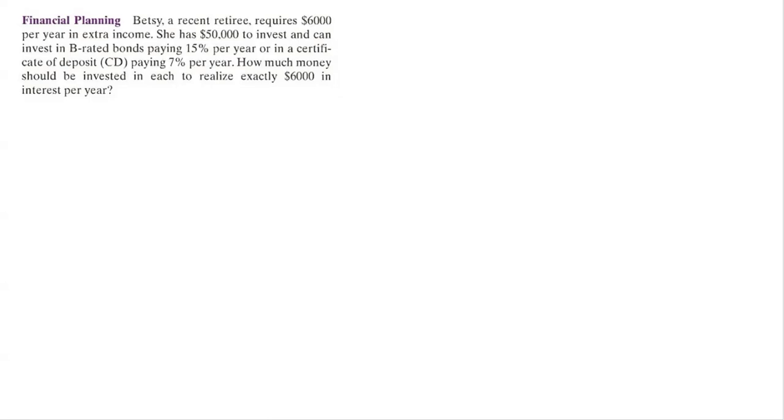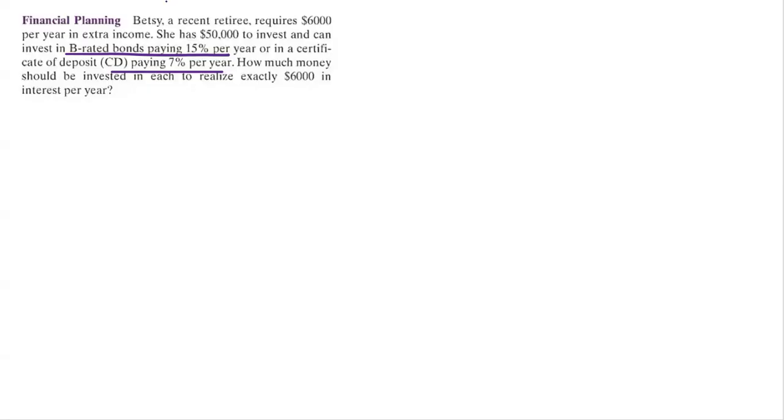First, let's write down the two things we're talking about. We're talking about B-rated bonds that are 15% per year, and CDs paying 7% per year. So let's write that down here.